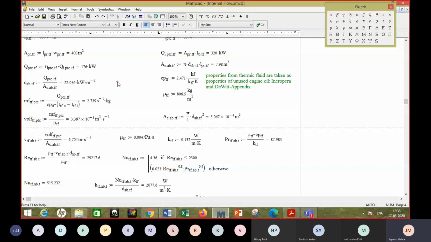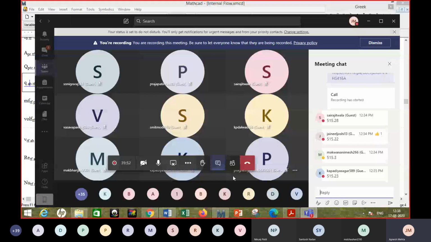Now you are on the absorber tube, you are not talking about the reflector surfaces. So this Qs, the surface heat flux, is equal to h into delta T. So you can find out delta T and tell me how much delta T you get.